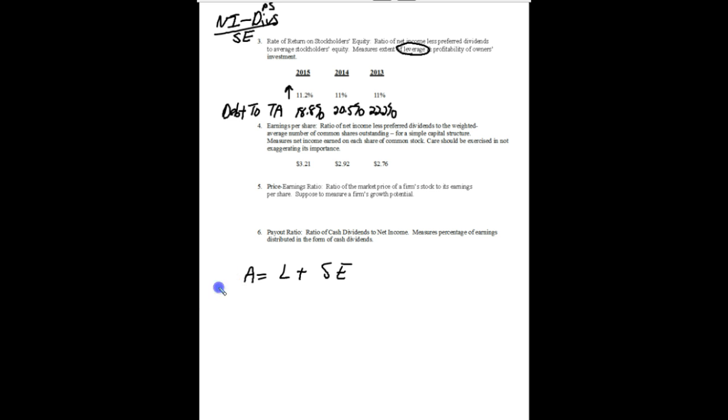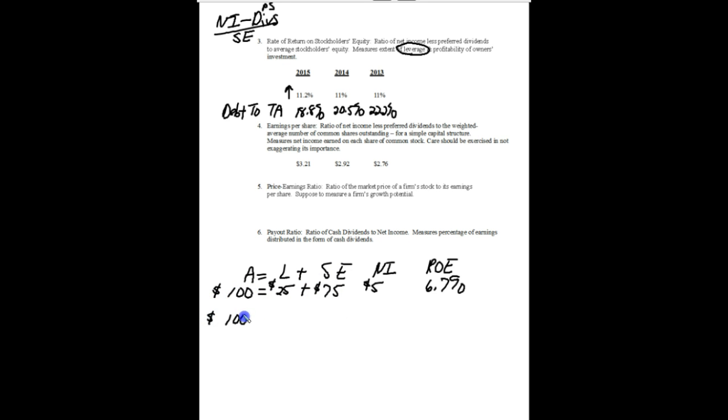Let's say we had $100 of assets, and we financed $25 with debt, which means $75 is financed with stockholders' equity. Now let's say we had net income of $5. That would give us a return on equity of 5 divided by 75, which is 6.7%.